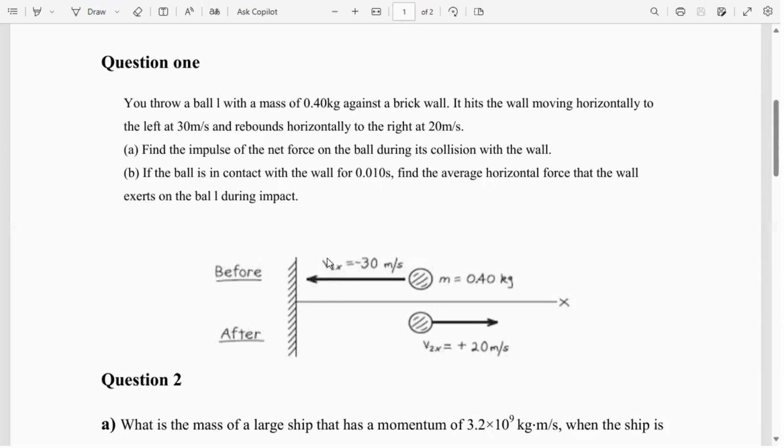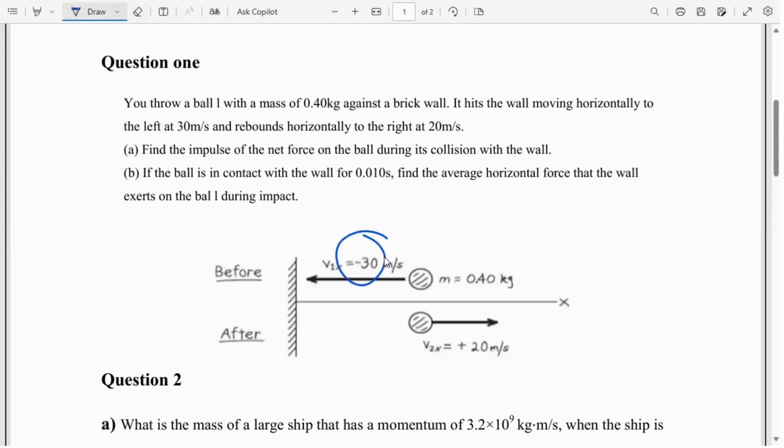Since it's bouncing off a wall and going back again, we have to indicate the direction of the velocity. Since it was going towards the negative direction of the x-axis, it was represented as negative 30 meters per second. When it bounced off the wall, going back towards the positive x-axis, the velocity changes direction to 20 meters per second.